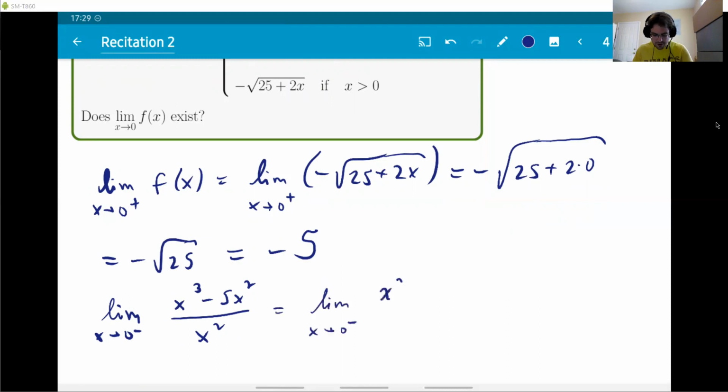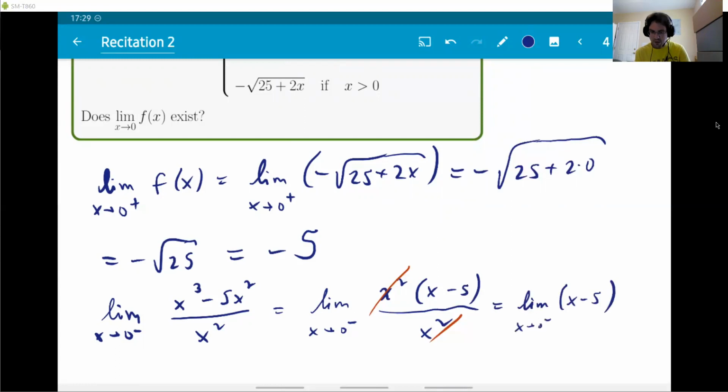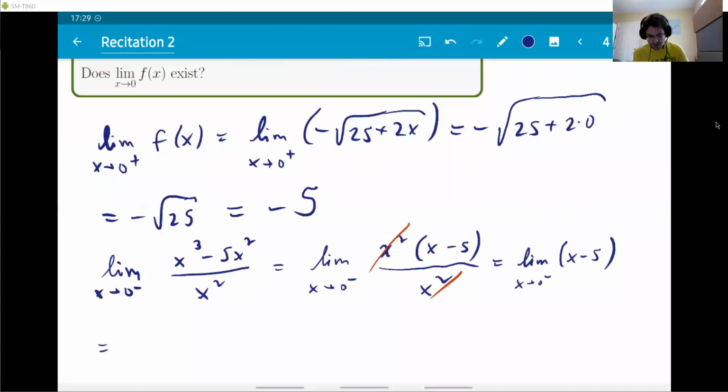Namely, if you factor an x squared from the numerator, then the x squares will go away. You're left with just x minus 5, for which you can actually plug in 0. And 0 minus 5 is -5.